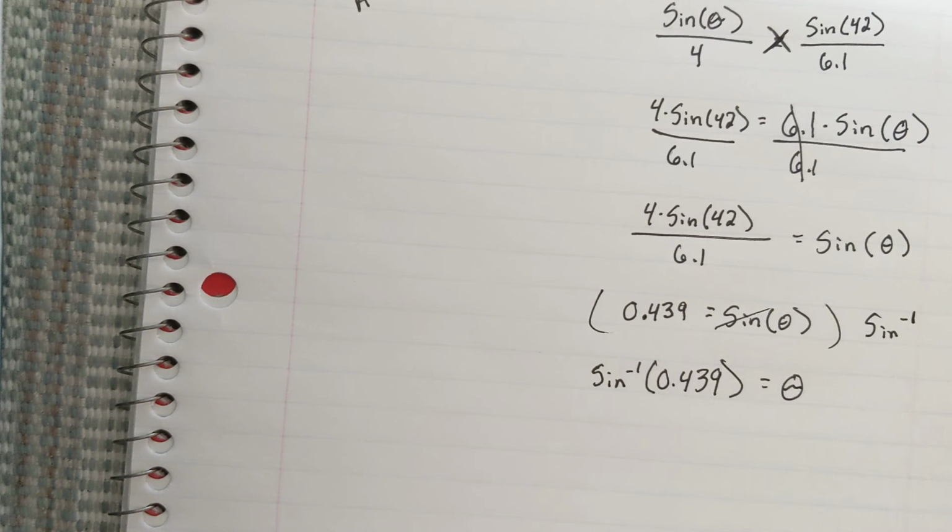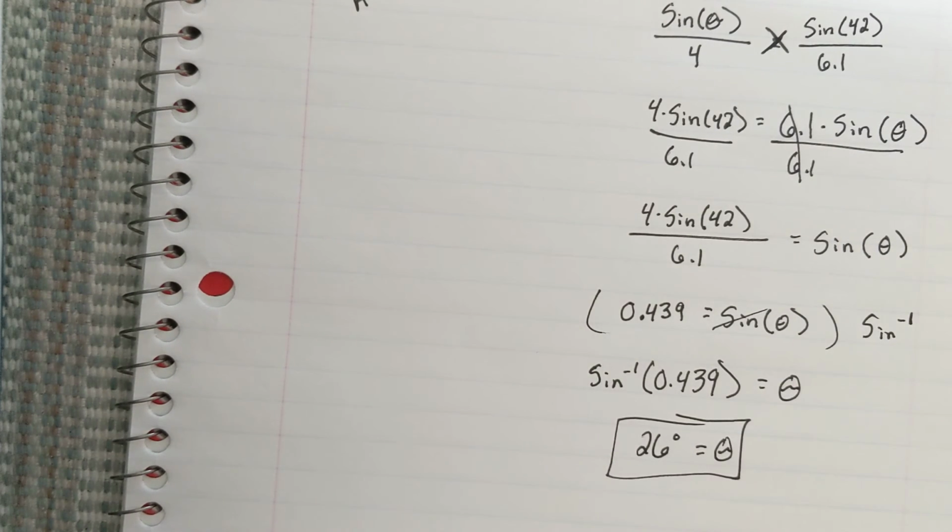I just got to type this in the calculator. And it comes out to 26.04. If we just round that accordingly, we get that 26 degrees equals theta, which is what we said that angle was initially.